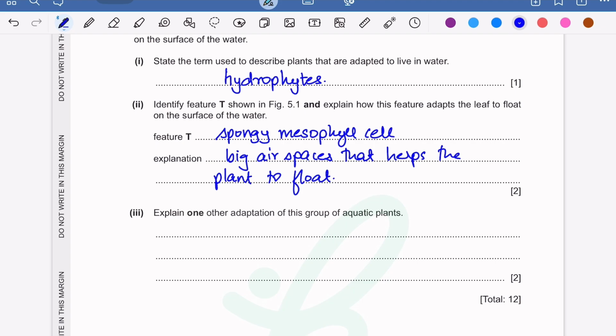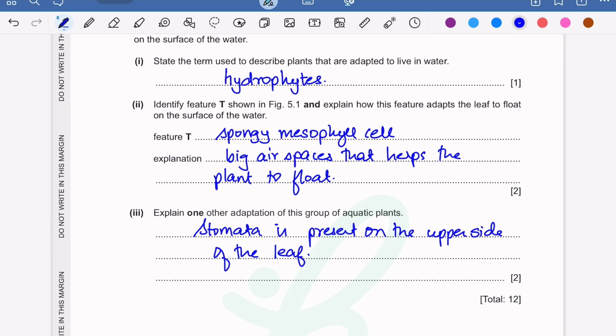Next question. Explain one other adaptation of these group of aquatic plants. So we can say that the stomata is present on the upper side of the leaf. Usually the stomata is present on the lower side of the leaf, but for hydrophytes the stomata is present on the upper side of the leaf.